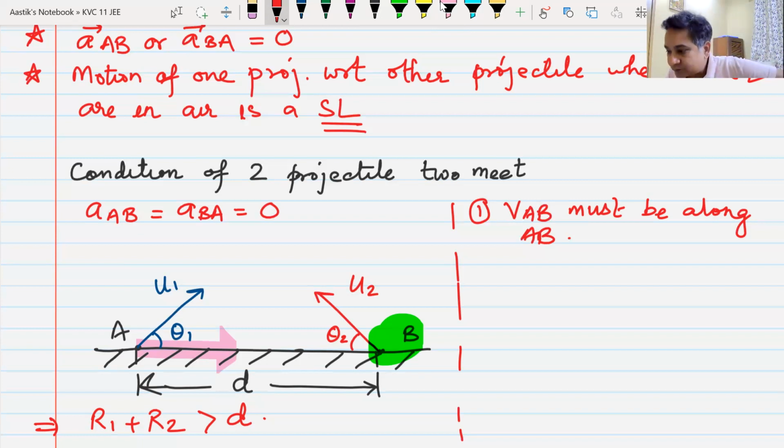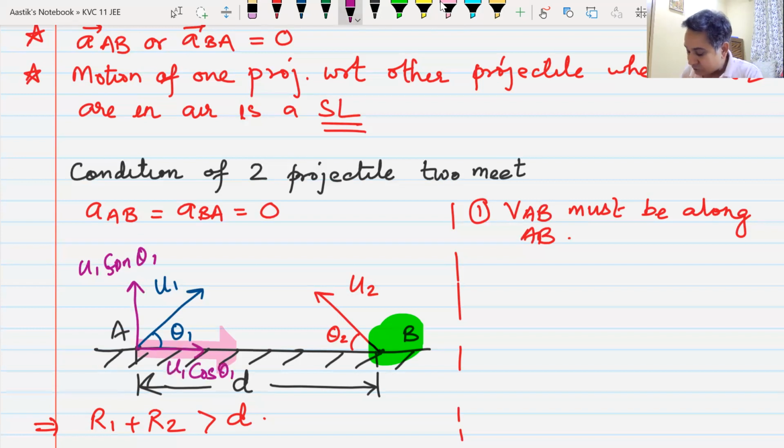Yes or no? Now, in this particular case, we will resolve these velocities along two components. This will be u1 cos theta 1, this will be u1 sin theta 1, this will be u2 sin theta 2, and this one will be u2 cos theta 2.